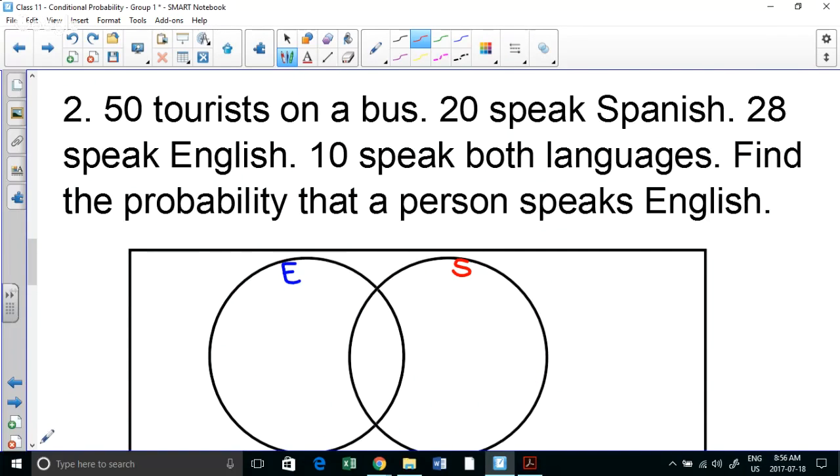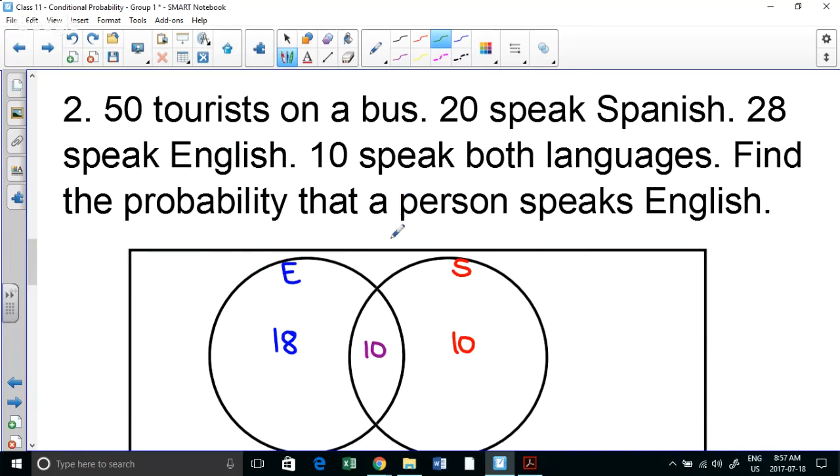We don't really need the Venn diagram to answer this question, but we're going to do it anyway. 10 speak both languages, so that goes here. 20 speak Spanish, but there's already 10 here, so it's only 10 that go here. 28 speak English, but there's 10 here, so we only need 18.